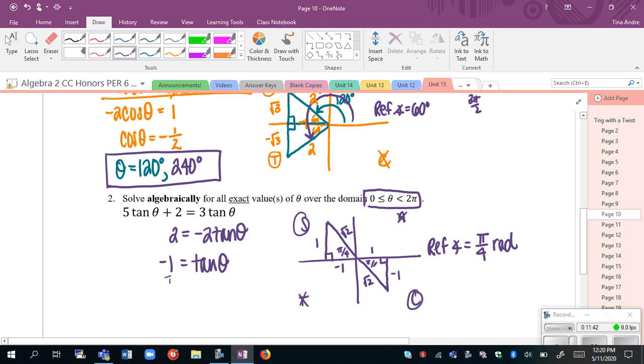So now what we need to do is actually figure out, well, where are those angles located? So now that we're in radians, I always want to think about this as this is pi and this is 2 pi, but let's get our common denominator of 4. So this is really the same thing as saying 4 pi over 4. This would be the same thing as saying 8 pi over 4. So pi over 4 in the second quadrant is 1 less pi over 4 than 4 pi over 4.